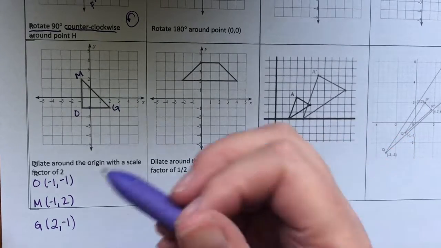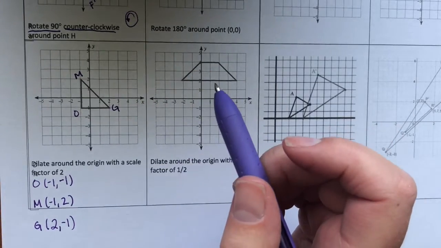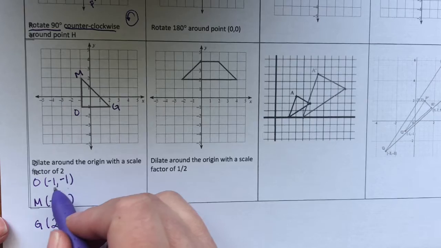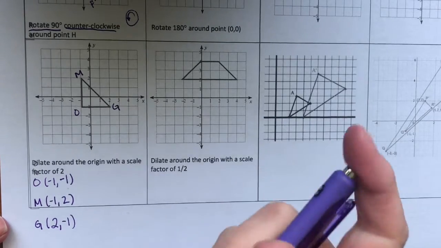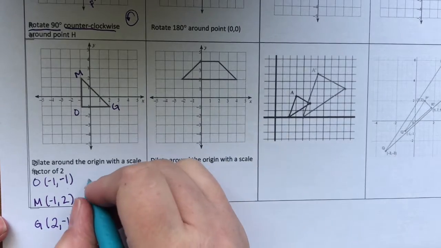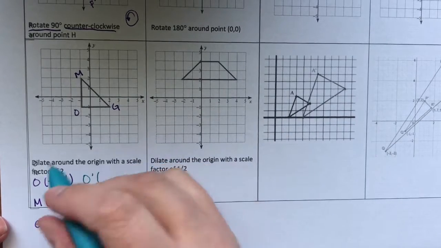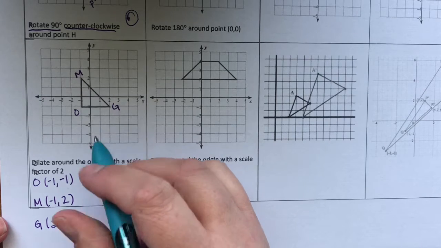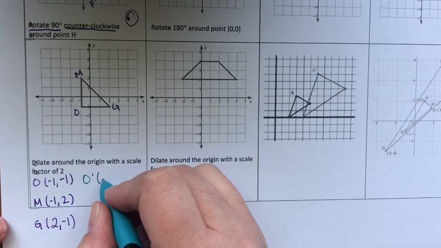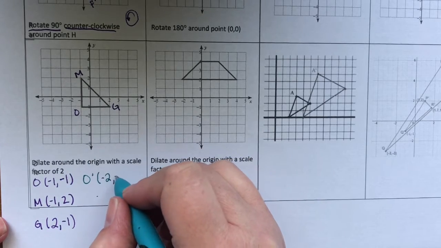And since I'm doing a scale factor of 2, a scale factor of 2 means that I'm going to double the size, or I'm going to multiply everything in here by 2. So I'm going to multiply all my coordinates. So for my new O, I'm going to multiply 2 times -1, which would be -2. 2 times -1 would be -2.